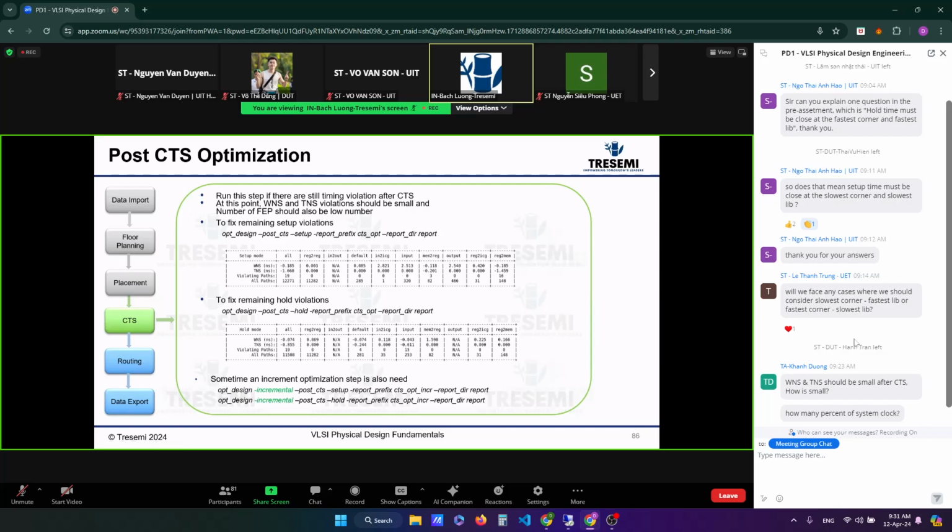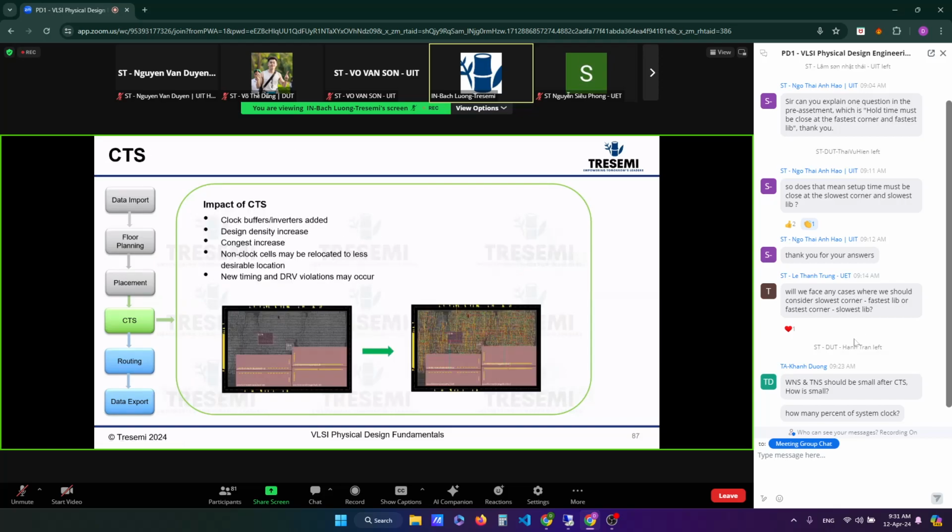Okay, so let's go on to the next one. I have slides called impact of CTS, right? This is the design before we run CTS. This is what happened to the design: you add clock buffers and inverters to balance the clock skew. Once I added those in, your density is going to increase. The density increases, so your congestion will increase, right?